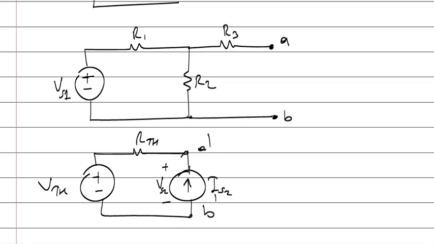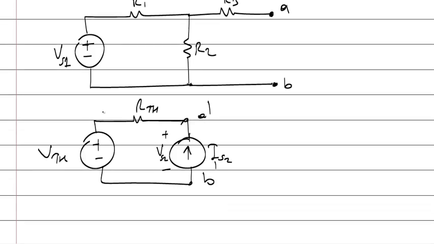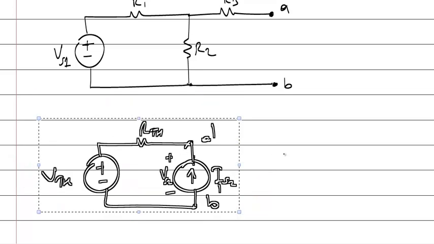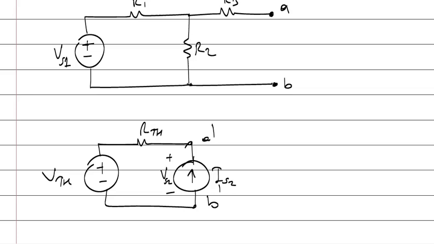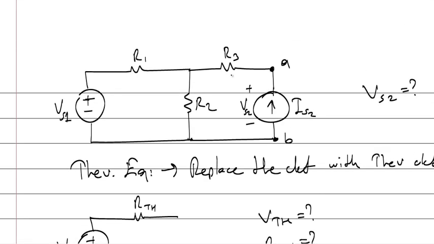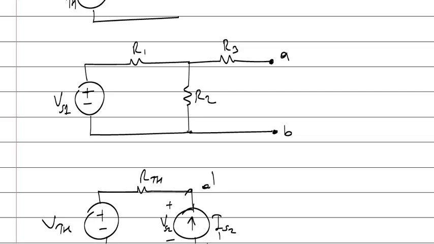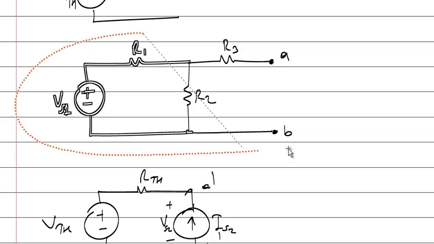Okay, so after finding the Thevenin equivalent, after defining the Thevenin equivalent model, instead of analyzing this circuit, I will analyze a smaller circuit. Okay, let's calculate the values of this circuit.